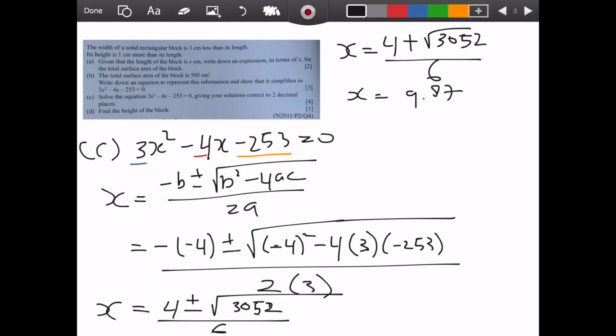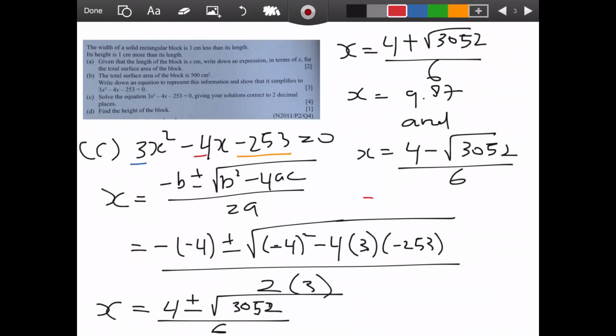Okay, and you also have x equal to 4 minus square root 3052 over 6, and over here let me just use red. What you get is minus 8.54. Okay, and the question asked us to put two decimal places, right?